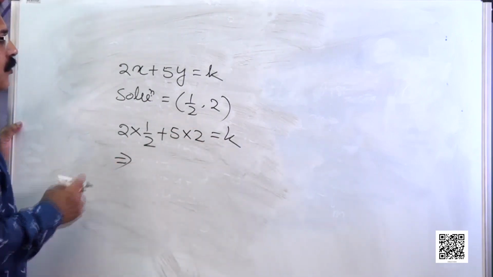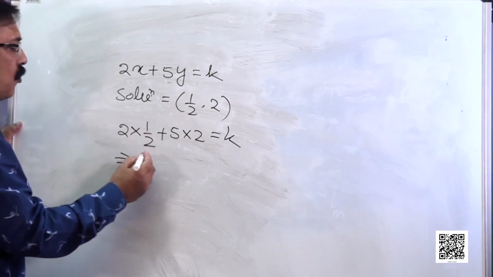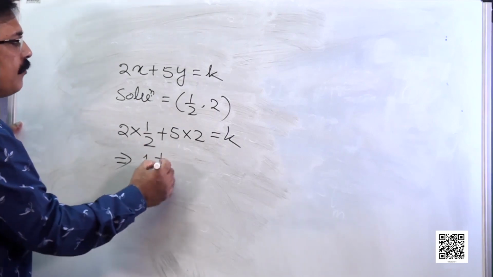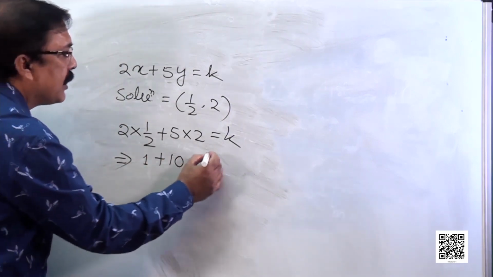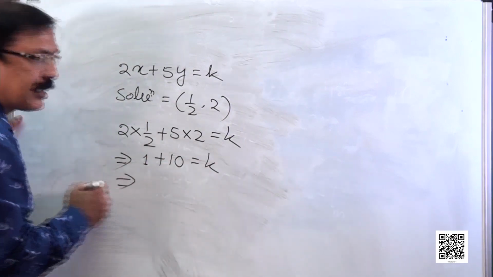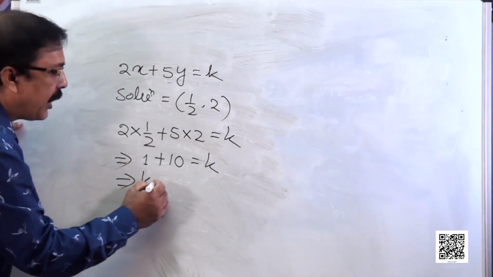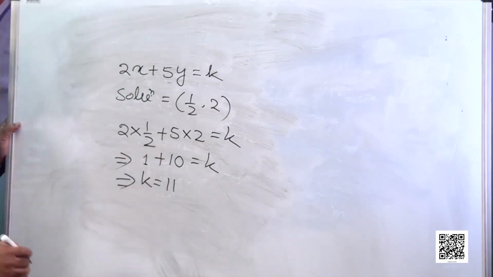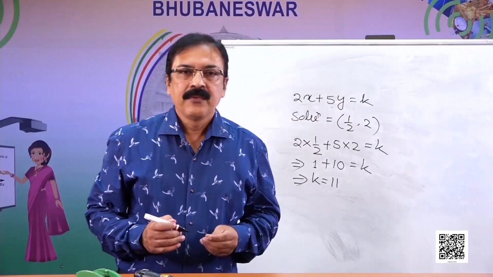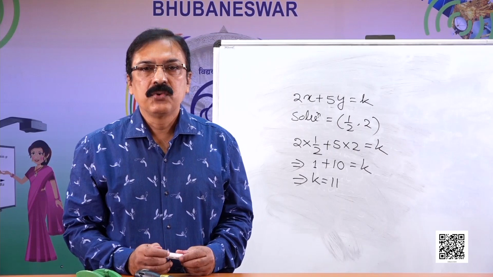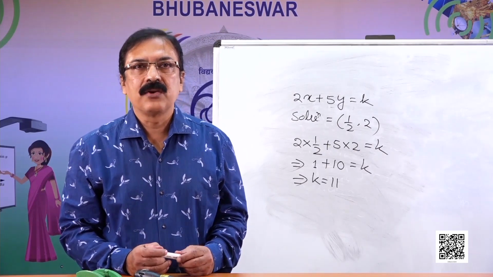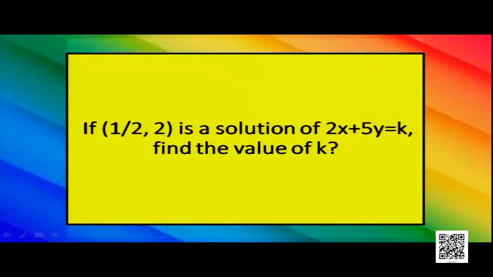From this we get 2 by 2 cancelled, that is 1, plus 5 into 2, that is 10, which is k. This gives the value of k as 11. That means if 1 by 2, 2 is a solution of 2x plus 5y is equal to k, then the value of k is 11.